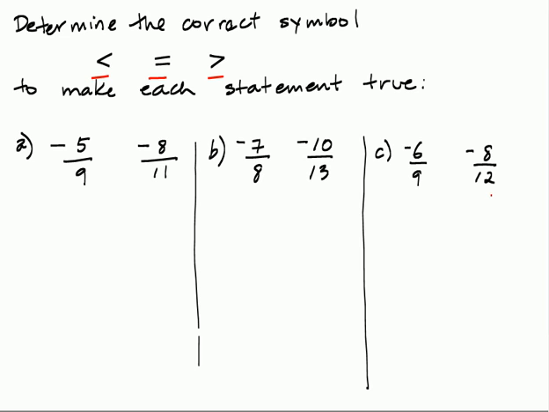You'll notice everything's a negative here, because I want to get a little practice with negatives. So how do we determine in this first case if -5/9 or -8/11 is bigger or smaller, or if they're equal? We multiply across, and that result goes over to the other side. We would get a -55. And then likewise, we multiply going this way, and we would get a -72.